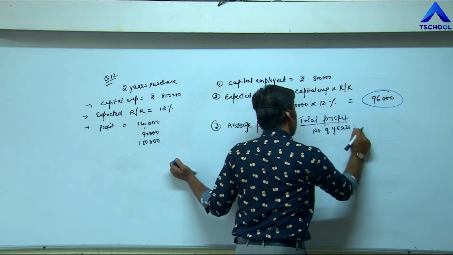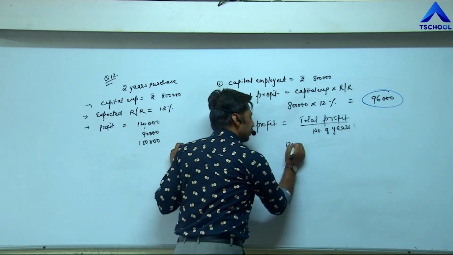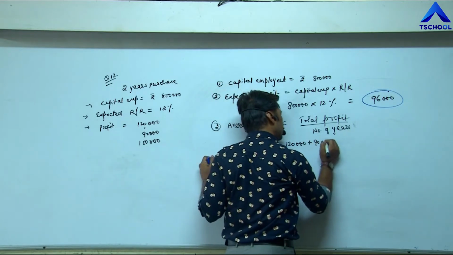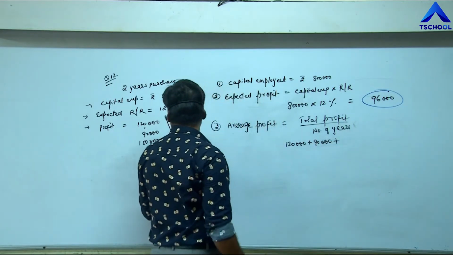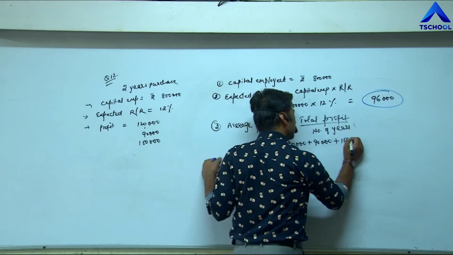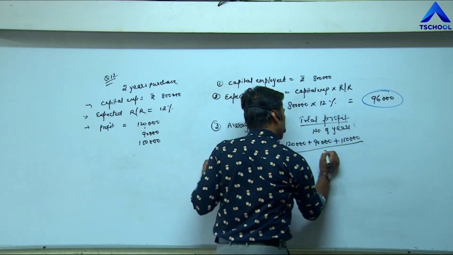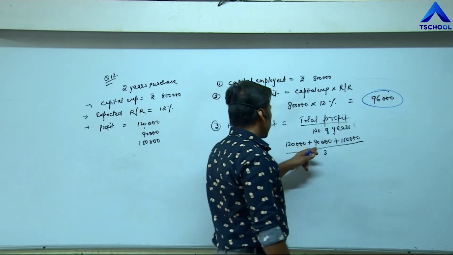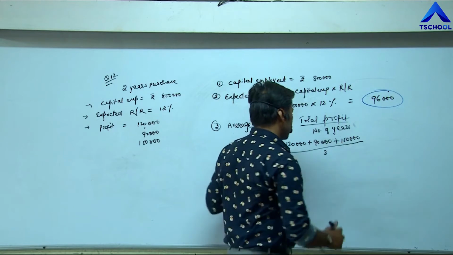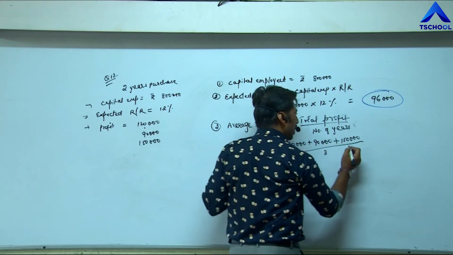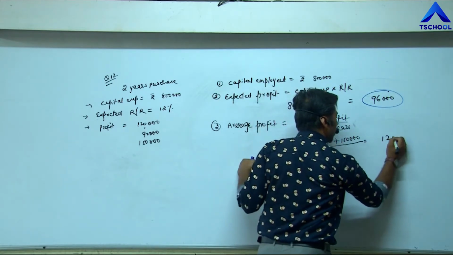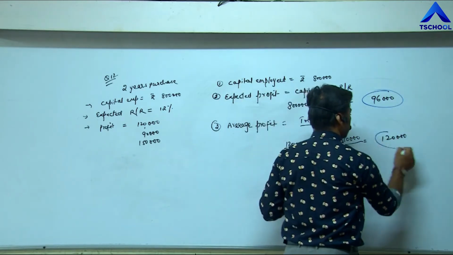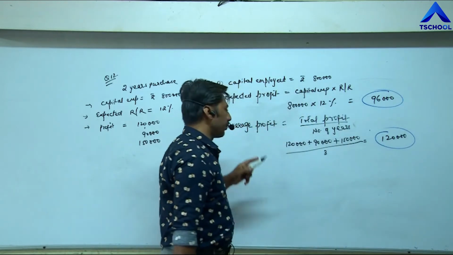And total profit here is 1,20,000 plus 90,000 plus 1,50,000, divided by 3. 1,20,000 plus 90,000 is 2,10,000, plus 1,50,000 is 3,60,000. So 3,60,000 divided by 3 becomes 1,20,000. Second answer, average profit.